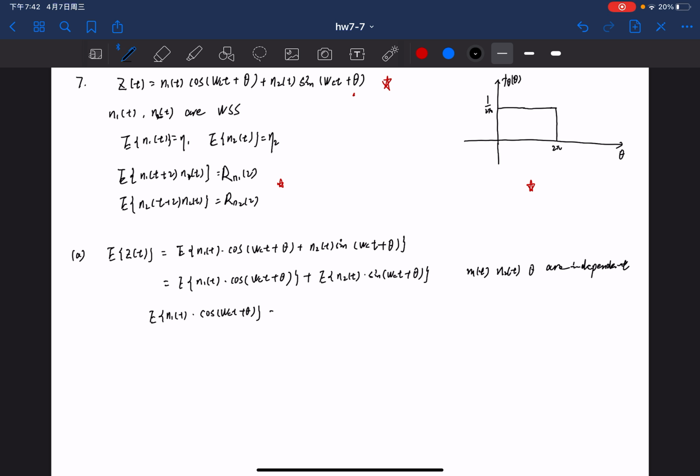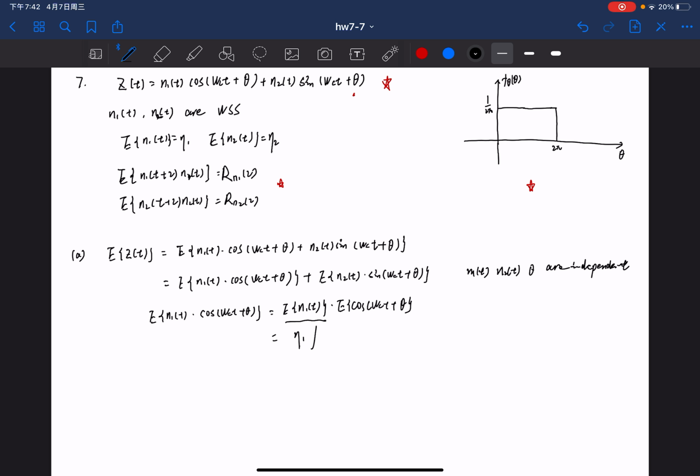this part equals the expectation of N1(t) multiplied by the expectation of cosine(omega_c t plus theta). The first part is obviously equal to eta 1.